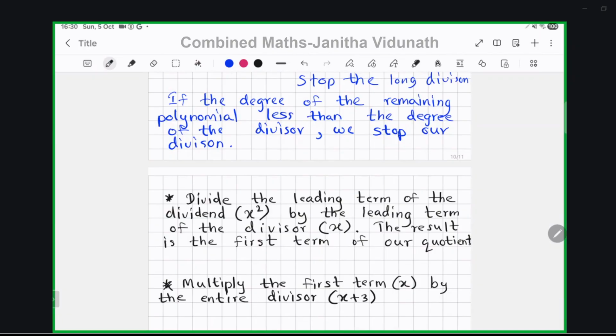That means inside the bracket write down x plus 3. Here our divisor is x plus 3.